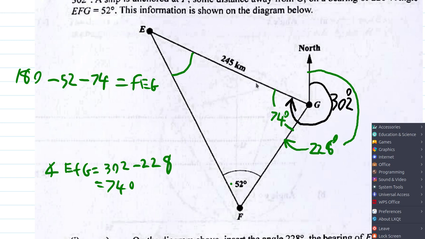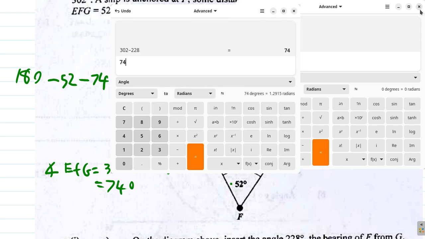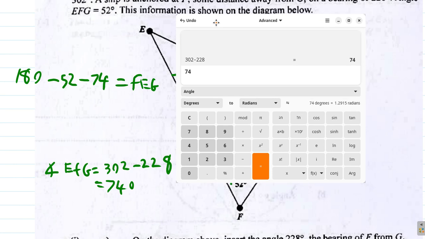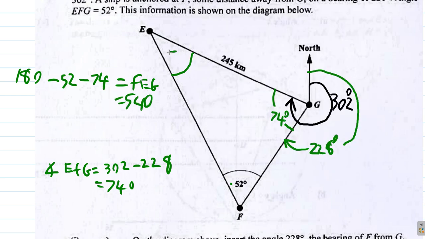So let's do our calculation using our calculator here. You have 180 minus 52 minus 74 equals 54 degrees. Well, I write this like this, almost make it look like 540. It's 54 degrees, alright? Good. So you have 54 degrees there.